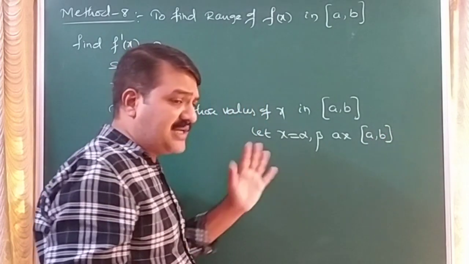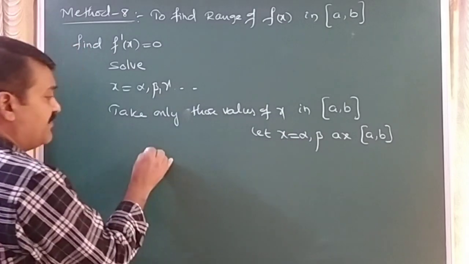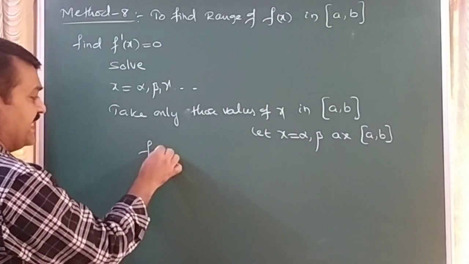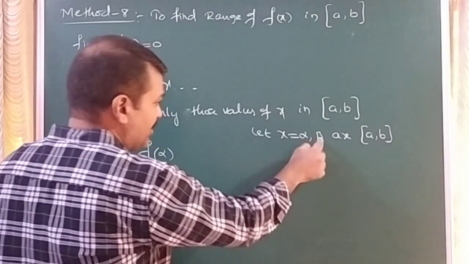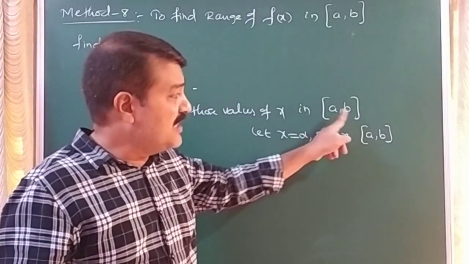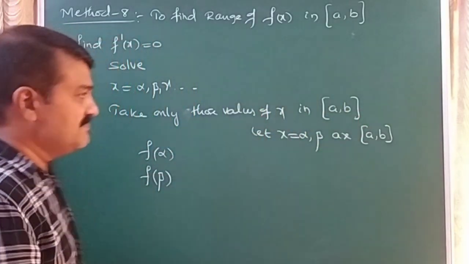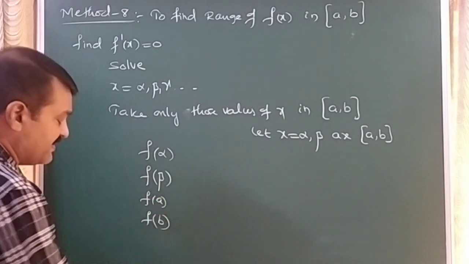Then you find f of alpha, find f of beta, and also find f of x for the end values of the interval.